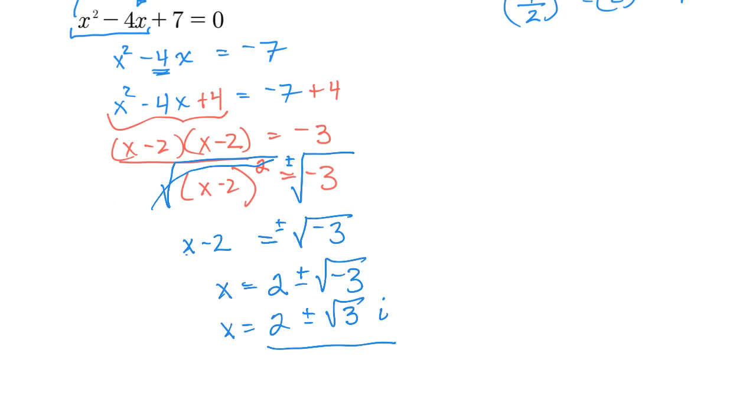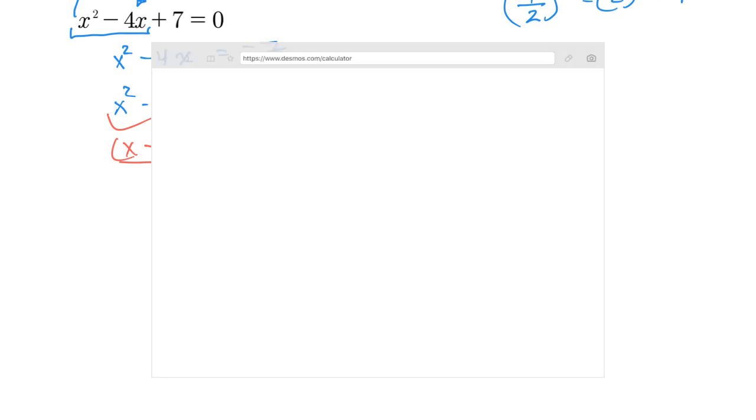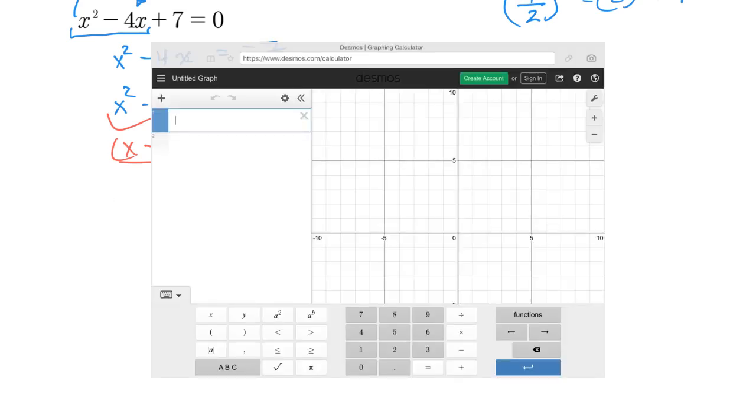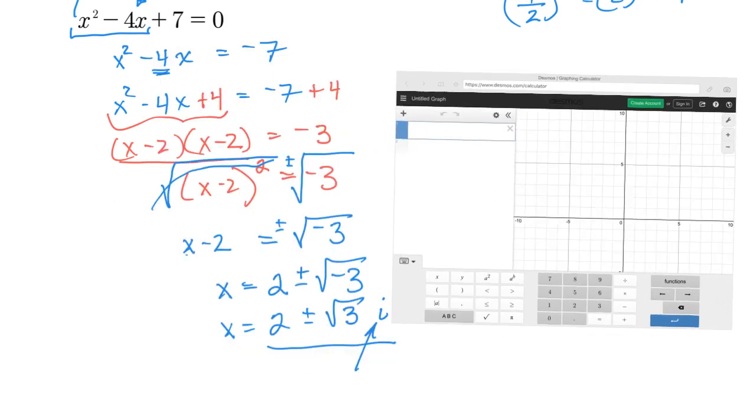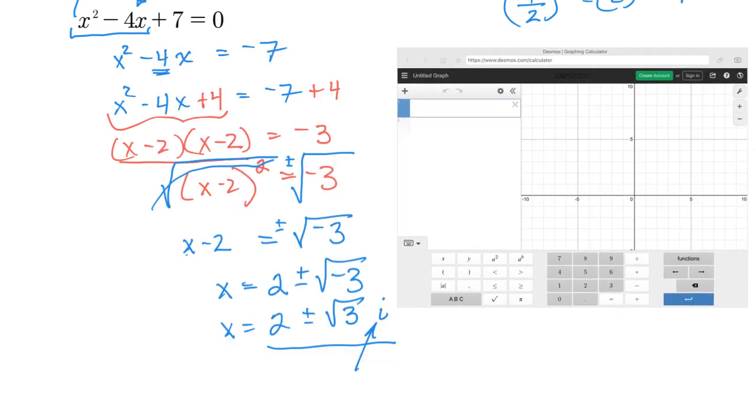One interesting thing to note is that if I have an i there, let me show you what happens when you try and graph that. Okay, so let's graph this: y equals x squared minus 4x plus 7.